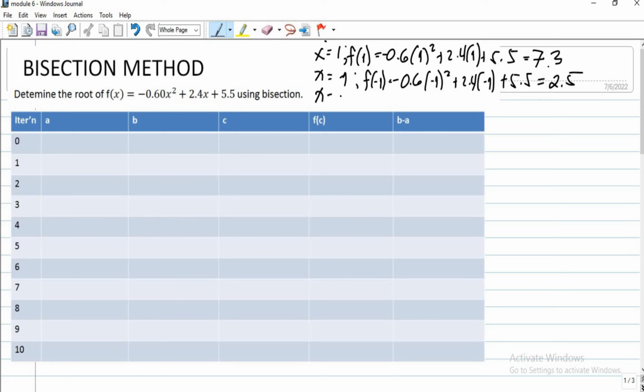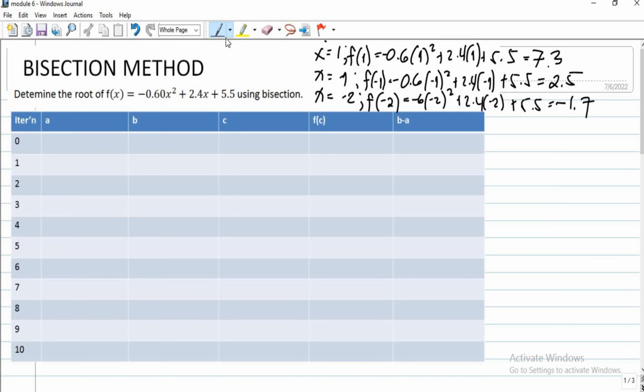If I take x is equal to negative 2, my function is equal to negative 0.6 times negative 2 squared plus 2.4 times negative 2 plus 5.5, which is equal to negative 1.7.